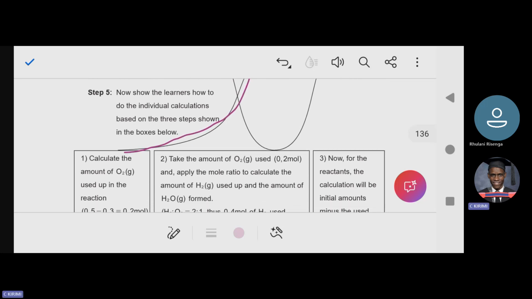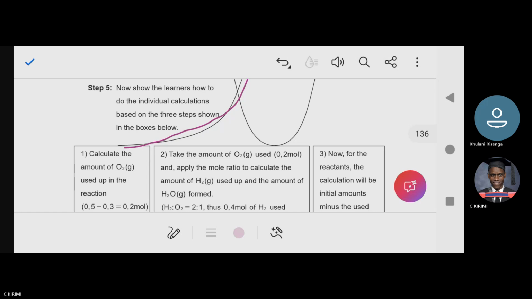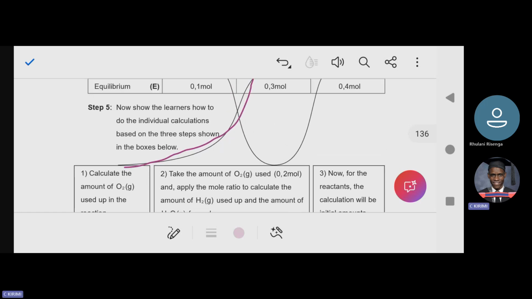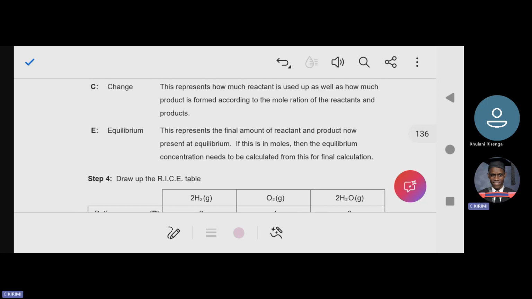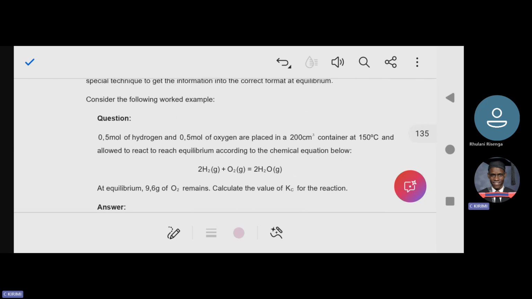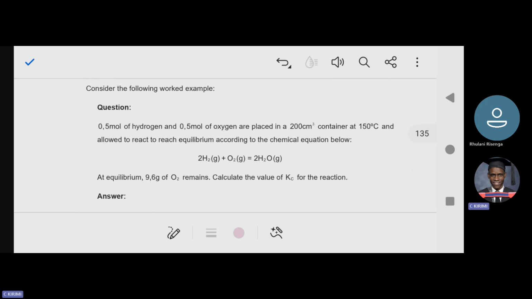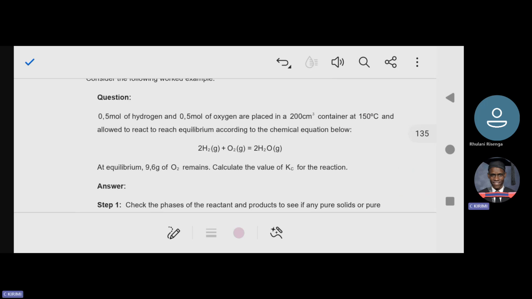So calculate the amount of oxygen which was used up in the reaction. There is information that we were told: 0.5 moles of oxygen are placed in a 200 cubic centimeter container at 150 Celsius and allowed to reach equilibrium.